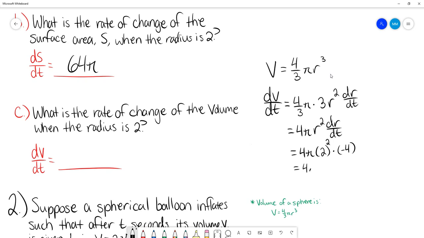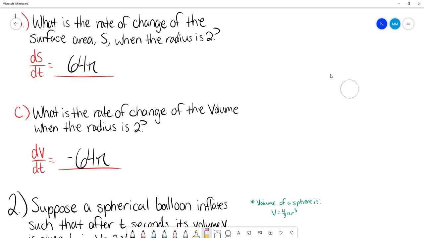So that's going to be 4 pi times, well, 2 squared is 4, times -4, which is going to be -64 pi. It's really funny that that worked out to be just about the same as the rate of change of our surface area. That's just a funny coincidence. That will not always be the case. That's just how it worked out here.